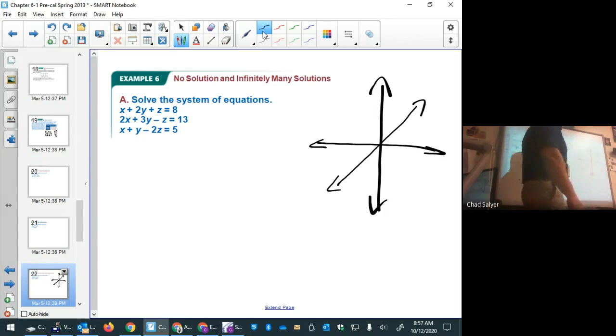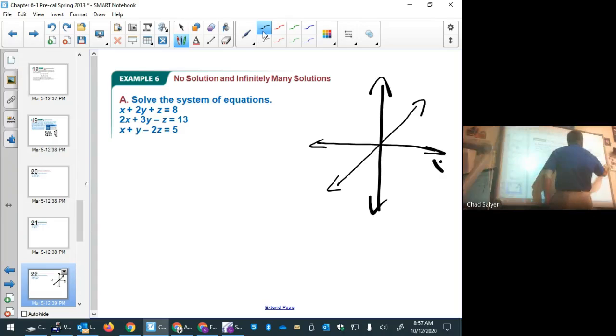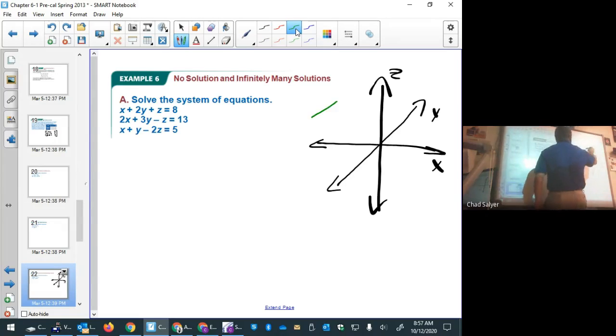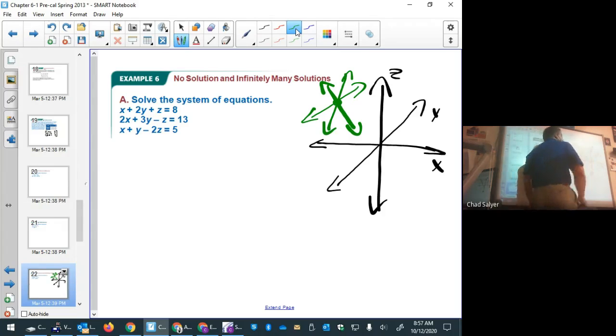You guys see how that could represent a 3-dimensional space? I'm asking you to stretch your brains a little bit. So this is X and Y. We've taken the XY plane and laid it flat, and then the Z-axis comes up out of it. Anyway, don't worry too much about this. But the way space works, 3 lines can intersect in one spot like this.